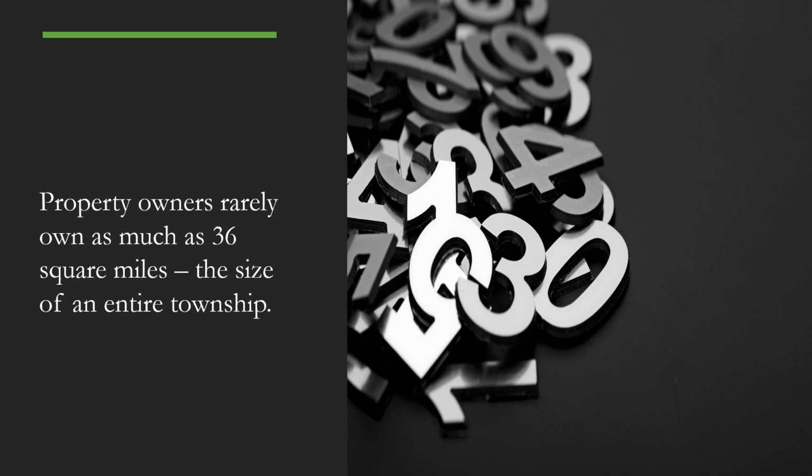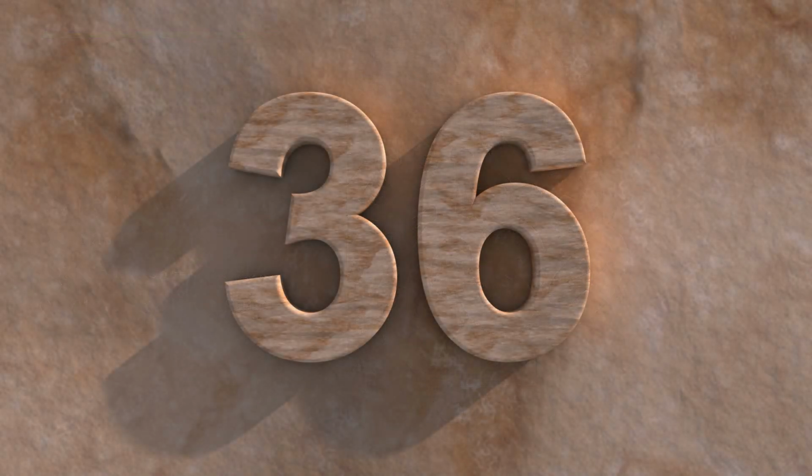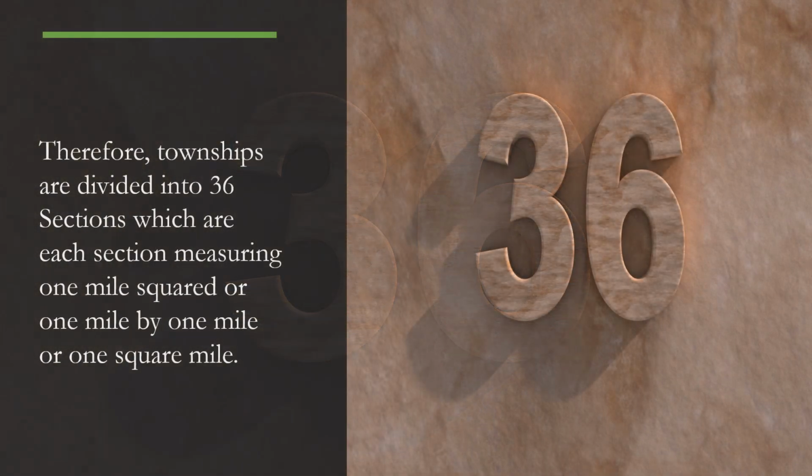Property owners rarely own as much as 36 square miles, the size of an entire township. Therefore, townships are divided into 36 sections, each measuring 1 mile by 1 mile, or 1 square mile, and are called sections.